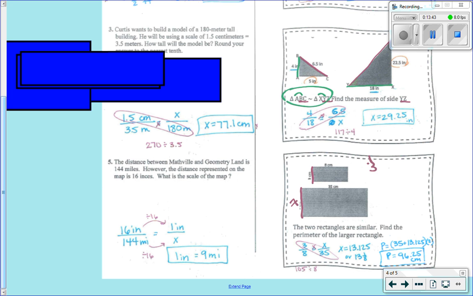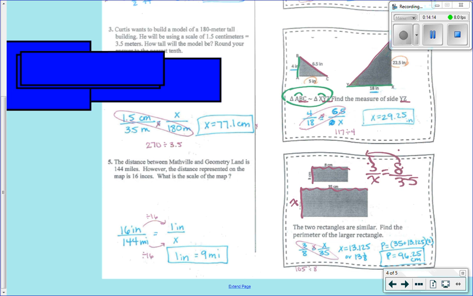So 3 represents X, and 8 centimeters represents what? 35. Okay, and then we need to find that relationship there to get 13 and 1/8 or 13.125. And how can we do that? What can we do? What do you get?